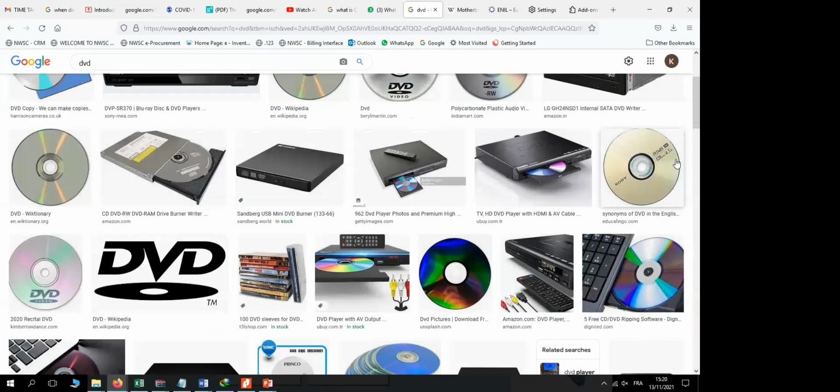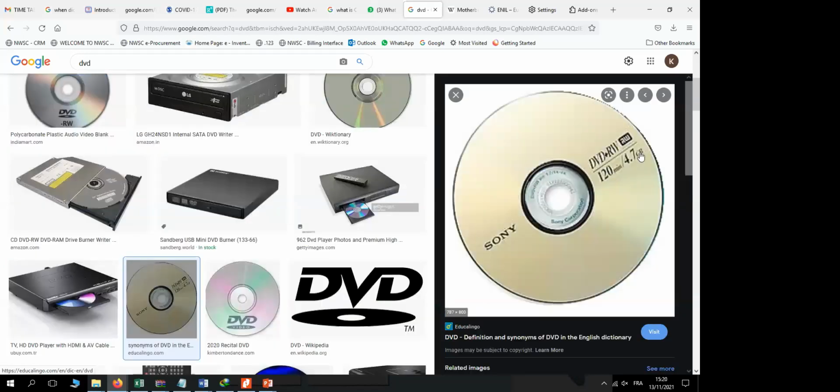So they are telling me that this DVD is 4.7 GB, and it's not only this one, most of them, if not all, are 4.7 GB. If you put something in form of audio, it can play for up to 120 minutes. And in this case, the manufacturer for this DVD is Sony. So all the information is always shown on the disc. So these are the types of optical discs we have talked about, that is CD, DVD, and Blu-ray.